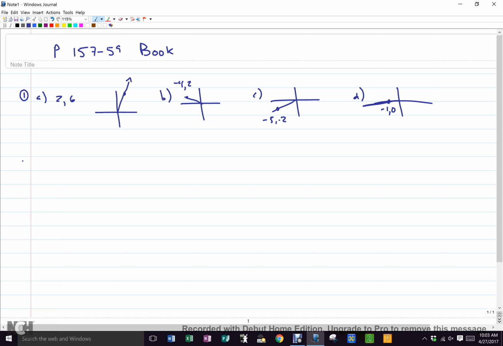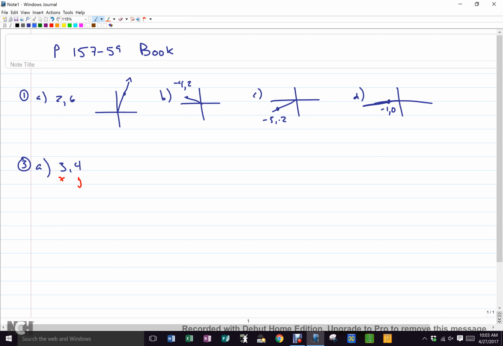Next one I asked you to do was number 3. The coordinates are shown of point P on the terminal arm. Write the exact trig ratios for sine, cos, and tan. So A was at (3, 4), and it was drawn for you. So that's x, that's y.